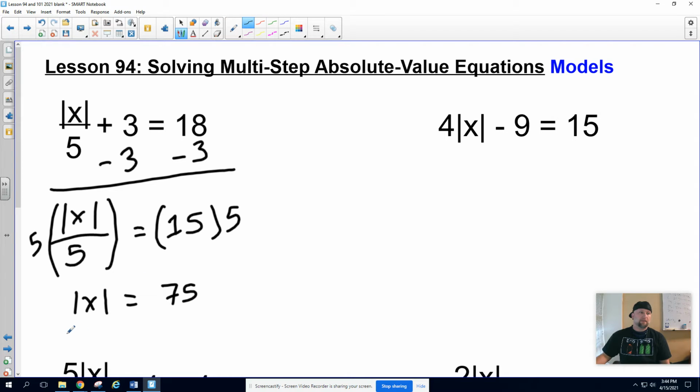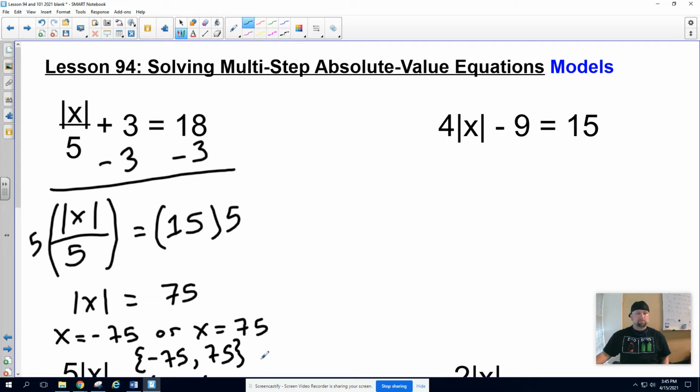And then remember that x equals negative 75, or x can equal positive 75. So for this one, the solution set is negative 75, 75.